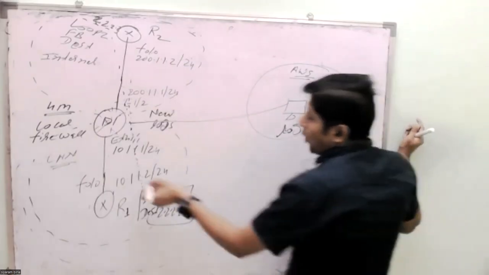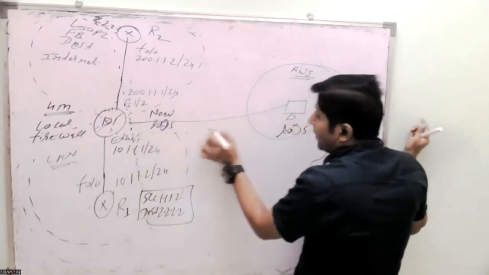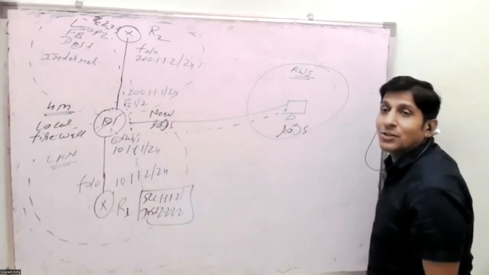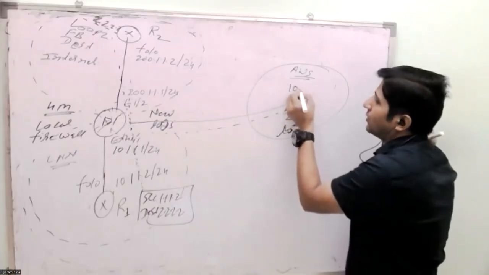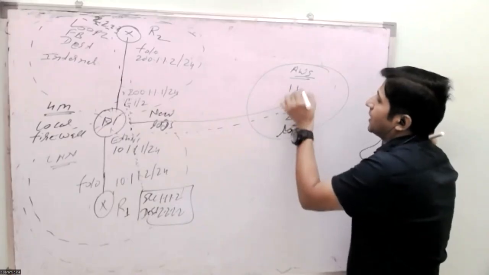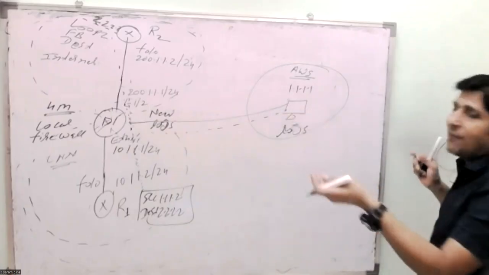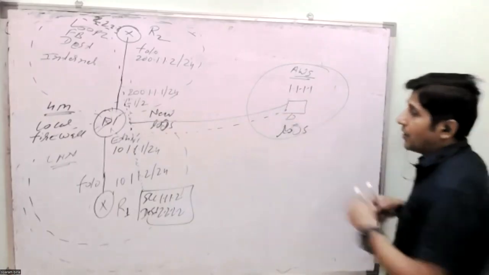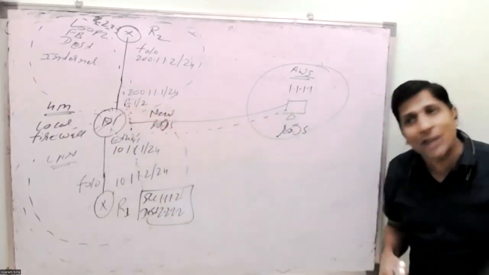Whatever new logs are coming in Palo Alto automatically forward to the AWS server. Suppose this server's IP address is 1.1.1.1. I will show you how to set it, but the logs automatically come into the AWS cloud.